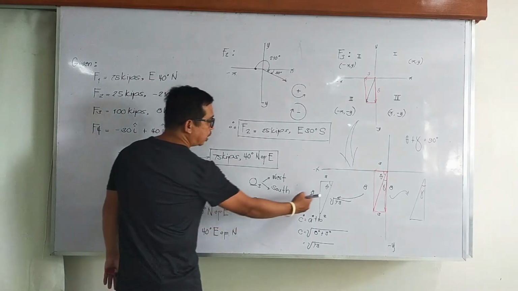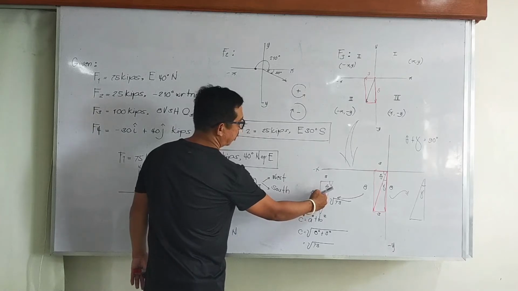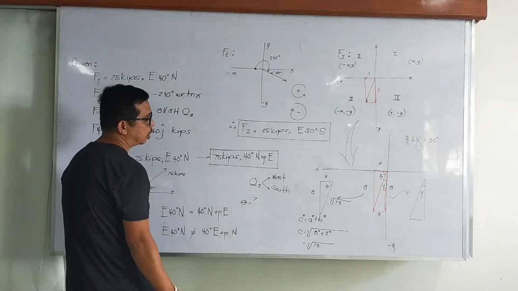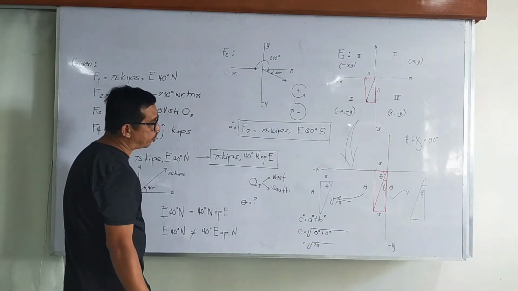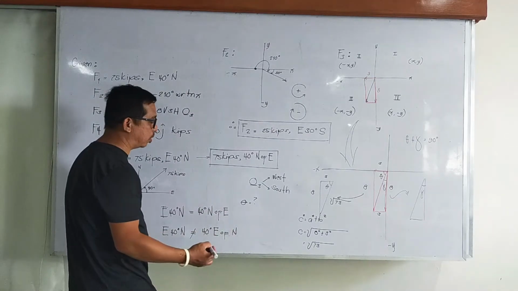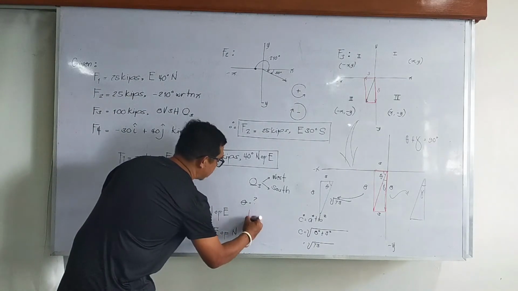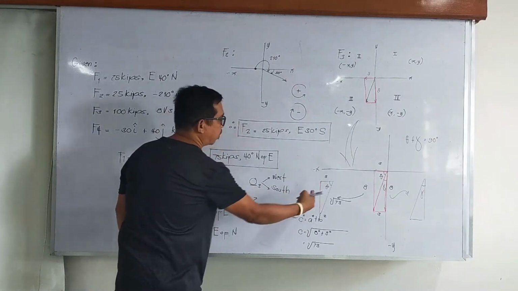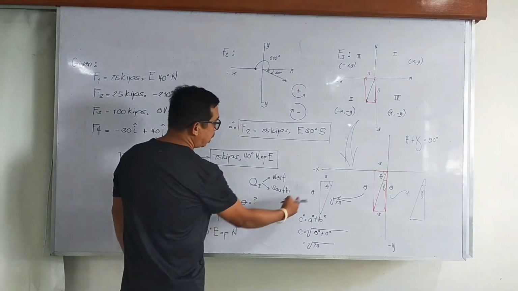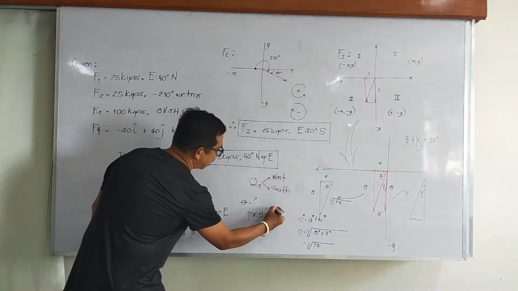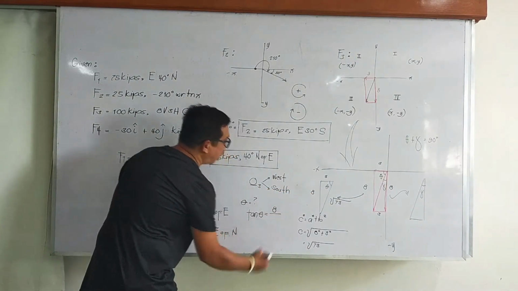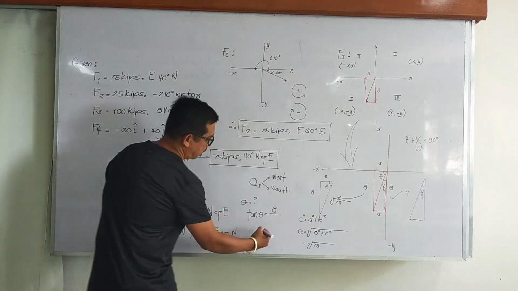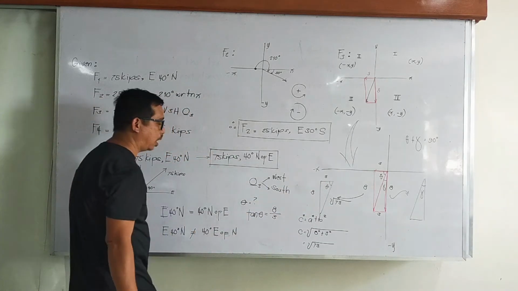So in this case, solving for theta, we can make use of either sine, cosine, or tangent. So, pwede natin gamitin yung tangent. So, tangent of theta, based on this figure, would have to be opposite of the angle, so that is 8, divided by the adjacent side, which is 3.